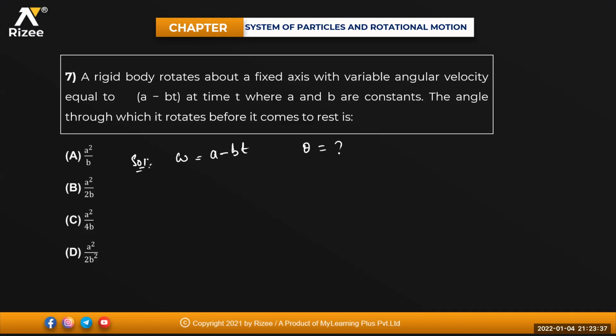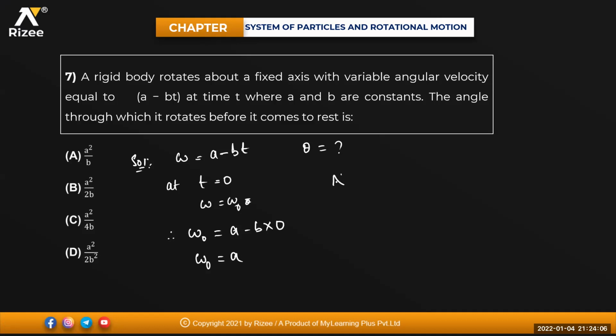That means theta is equals to how much? Now tell me, at t is equals to 0, omega will be equal to omega naught, isn't it? So if I'm taking t is equals to 0, omega is equals to omega naught, the initial angular velocity. Therefore I can write omega naught is equal to a minus b into 0. That means omega naught is equal to a.